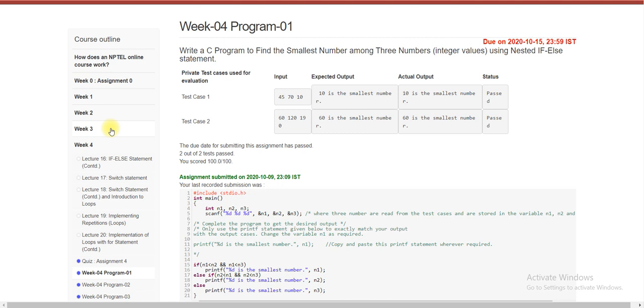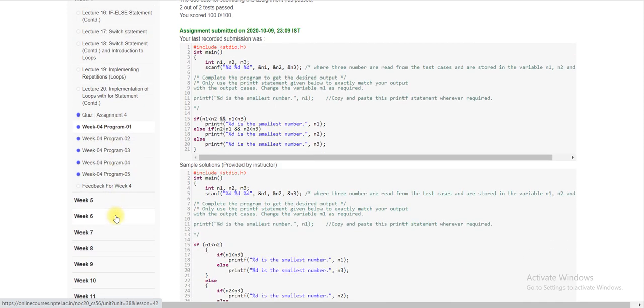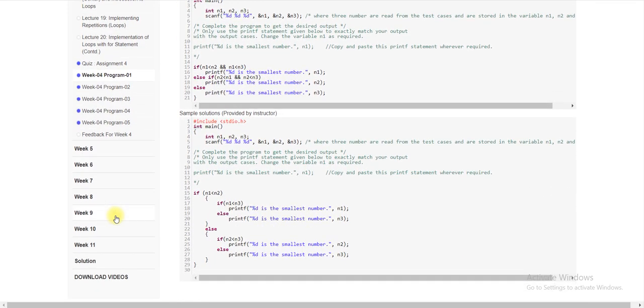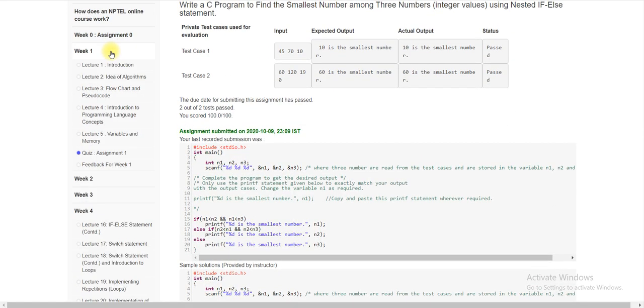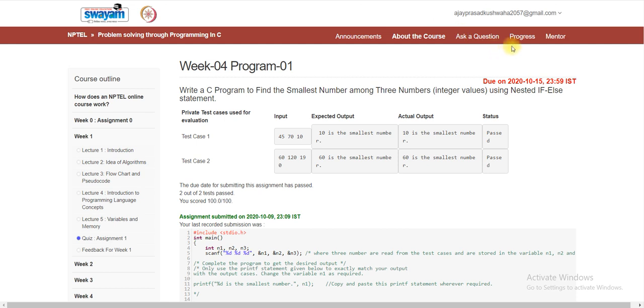So from week 4 to 12 there are 9 weeks of programming assignment plus quiz assignment. Okay, so in this case NPTEL will again take the average of the weekly assignment score. So in week 1, what will be our score? Let me check it.